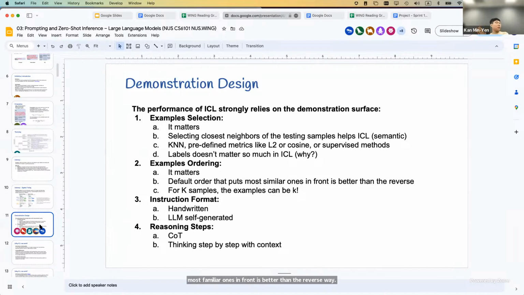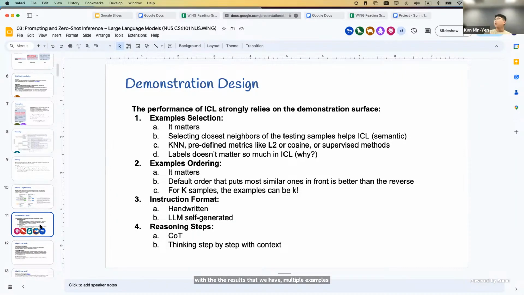But there's no research showing whether the number of examples matters. I hope any of you can conduct an experiment to test that. For example, if we have only one example compared with the results when we have multiple examples for ICL, does that matter? This is an open question for all of you.